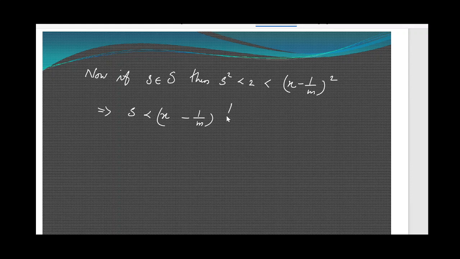This follows from 2.1.13, because if a, b greater than 0 and a square is less than b square, then a is less than b, we have studied there, right? So from 2.1.13 we will get this.